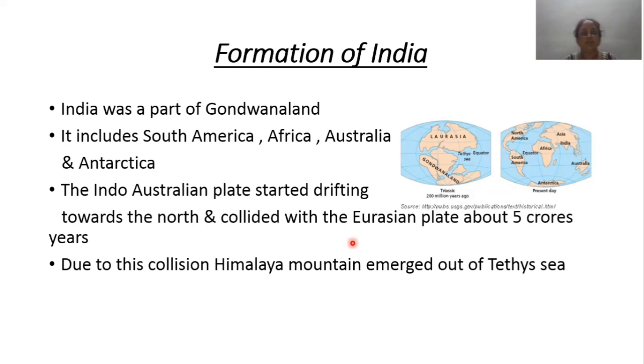And because of this collision, what happened? The Himalaya mountain came up and the sea went down. That is called a fold. We have seen a fold means that a piece of land bends over itself so that one part of it covers another. So this Tethys sea bent inside and in its place the Himalaya was formed.